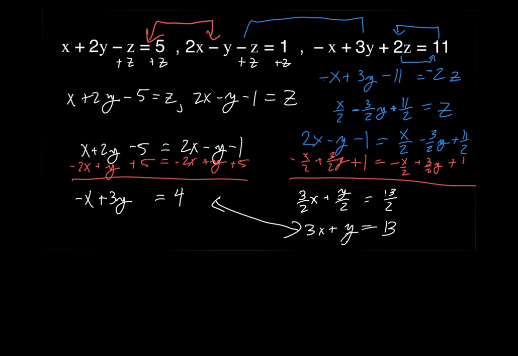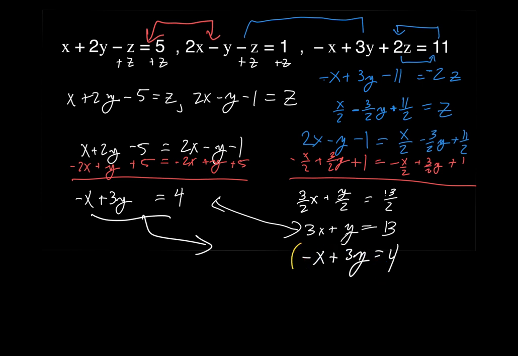I'm going to just take this one and write it underneath that one. That's how we would normally have it set up in the first place, and say, all right, how do I use combinations to eliminate a variable? I'm going to take this equation and multiply it by 3.